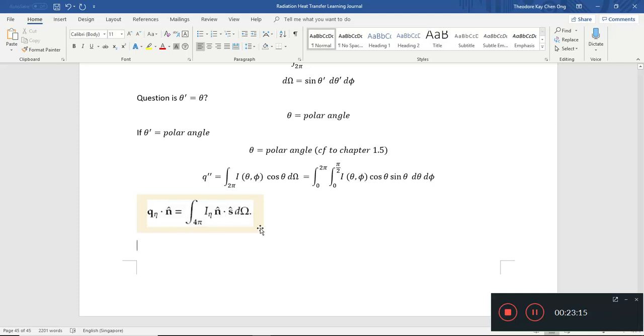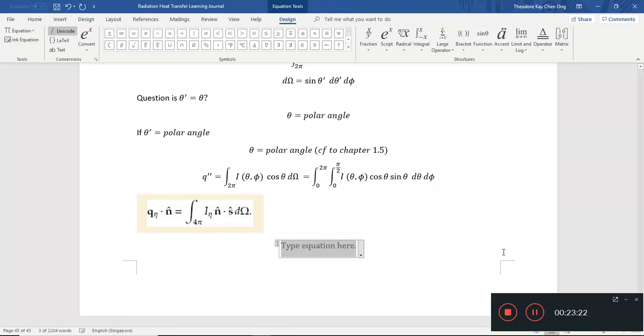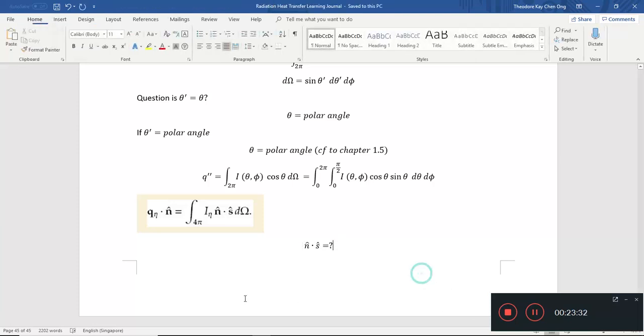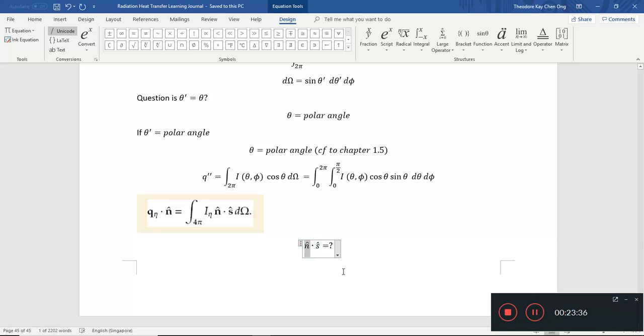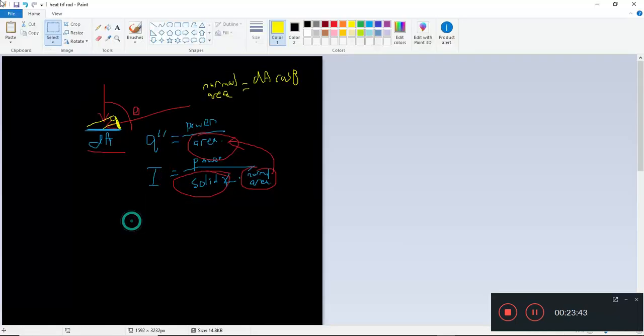What we need to compare is the right hand side. So what is n dot s? N hat dot s hat. Where is s hat? S hat is the direction of the radiation travel. N hat is the direction of the normal. So let's always look at our diagram, because it can get confusing if you don't use one.